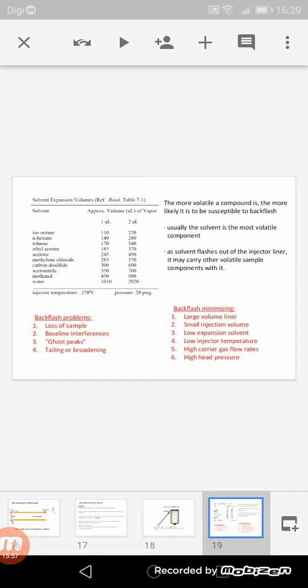Backflush problems are that sometimes we might lose our sample, and get baseline interference, ghost peaks, and tailing or bleeding. A ghost peak is some unidentified peak that will always appear in our system; we don't know what to do with it, so we just name it a ghost peak. To minimize backflush: use a larger volume liner, smaller sample injection volume, low expansion solvent, low injector temperature, high carrier gas flow, and high head pressure.